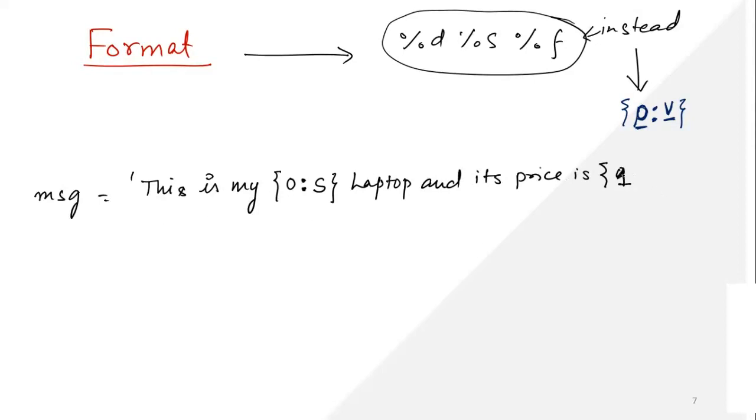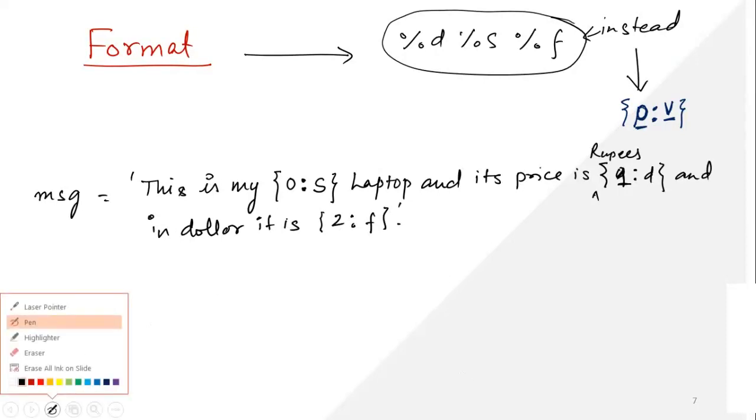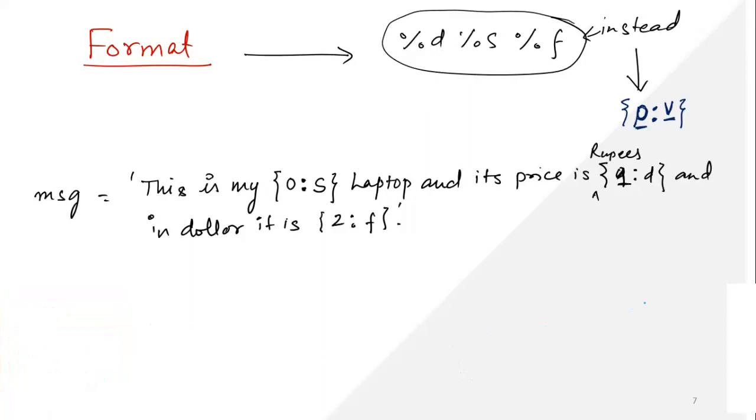Now I will have a 1, colon d, its price is, let's say I'm writing here rupees, and in dollar it is 2, colon f.